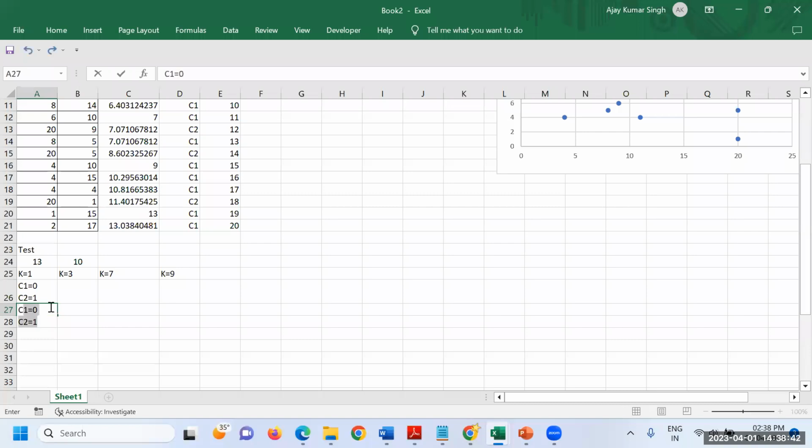Because the majority is C2. So the answer is C2. When k is equal to 1, the test data, that is 1310, belongs to the second class. In the same way, we are going to go for this C. So this is your k nearest neighbor.